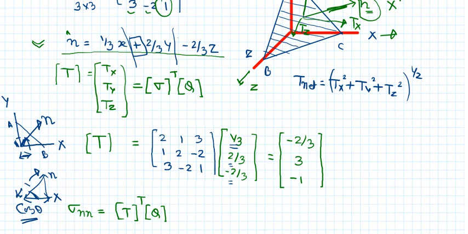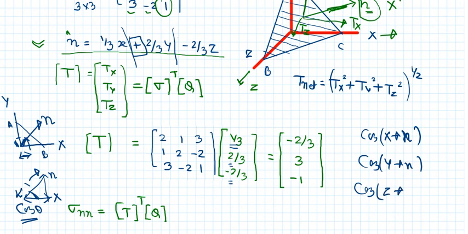Cos theta, where theta is the angle from x to x dash. Here we are representing n for normal: x to n, y to n, z to n. So these are all cos components, cos x to n, cos y to n, and cos z to n, and these components are nothing but these.